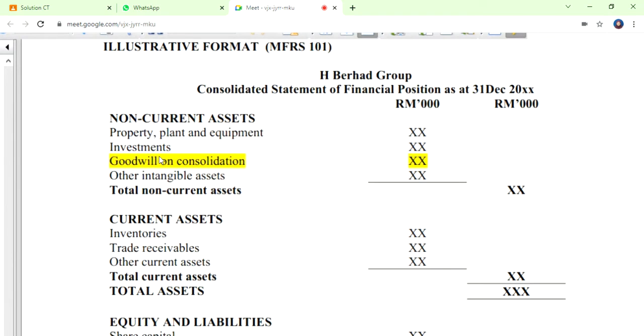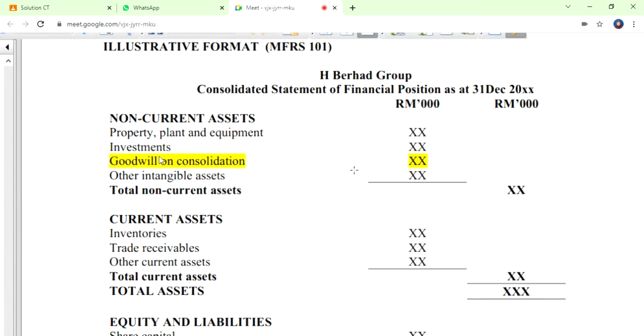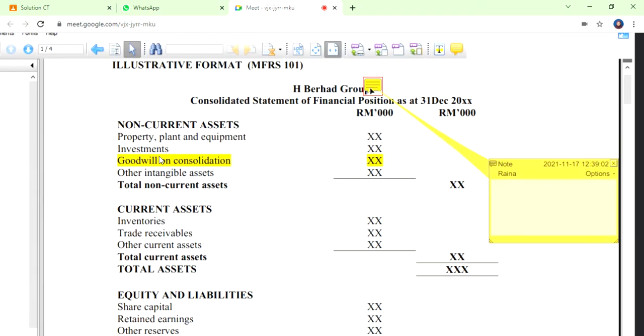One thing is the title. Dalam grup kalau consolidated statement of financial position, the name of the company, dia mesti ada group. If you don't put the name group, otherwise it's wrong.